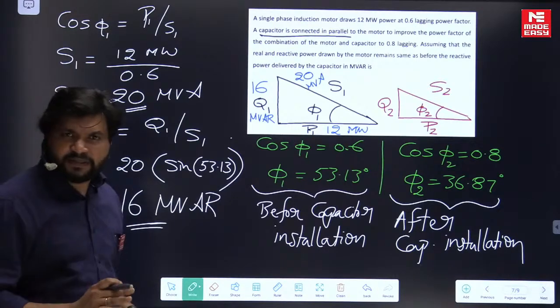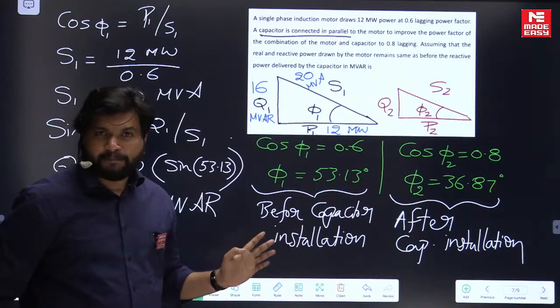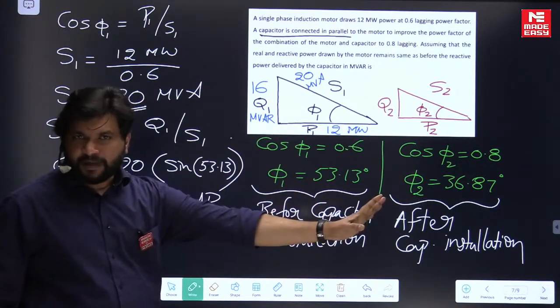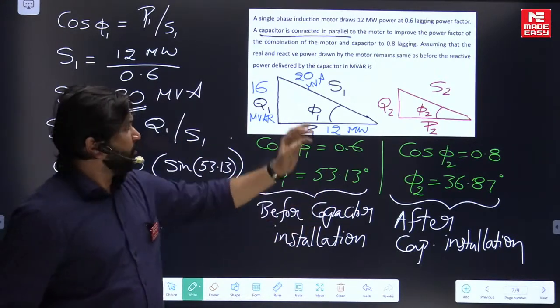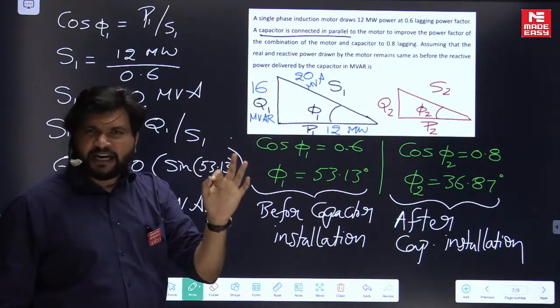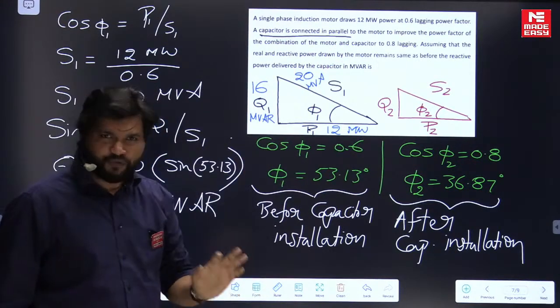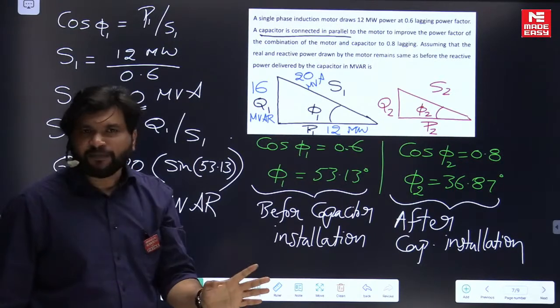Think like this. First, there is an industry with an induction motor working. That induction motor has some load on it, due to which the induction motor is asking 12 megawatt power operating at 0.6 power factor lagging, which means definitely it is asking active power as well as reactive power.